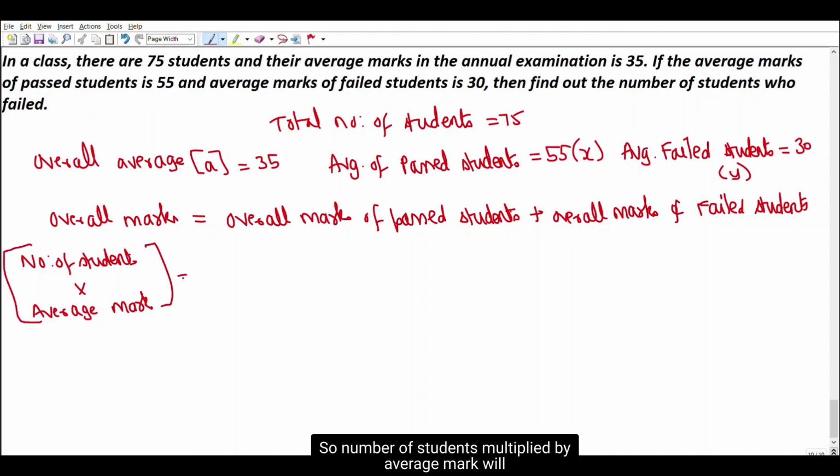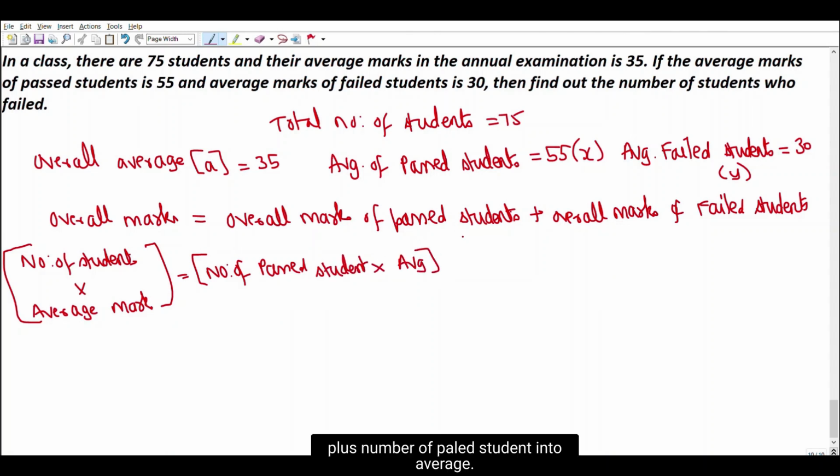So number of students multiplied by average mark will be equal to number of passed students into average plus number of failed students into average.